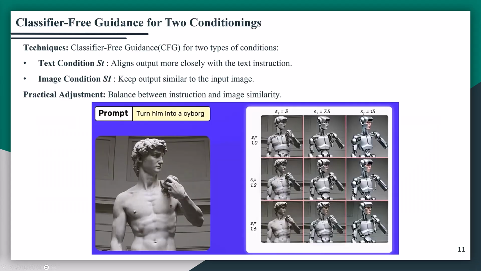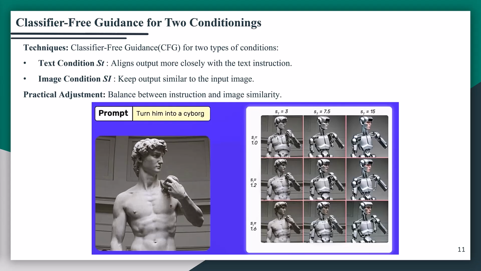So to control what the model should focus on, whether it should stick closer to the original image or follow the text instruction, they used a technique called classifier free guidance, or CFG.